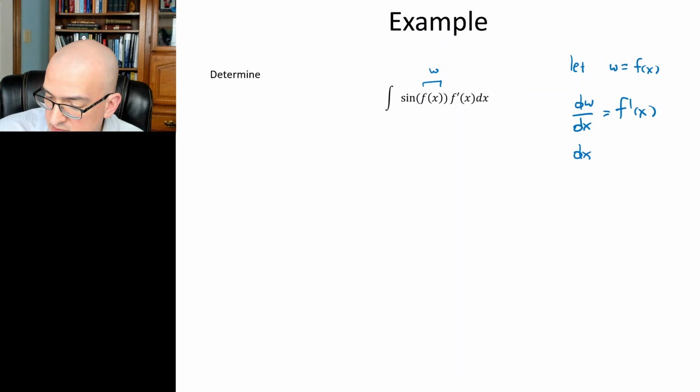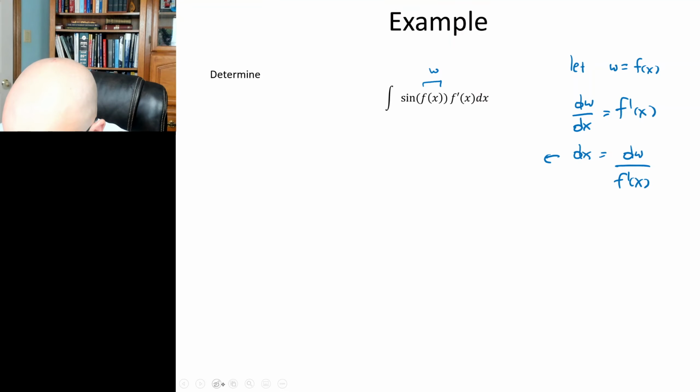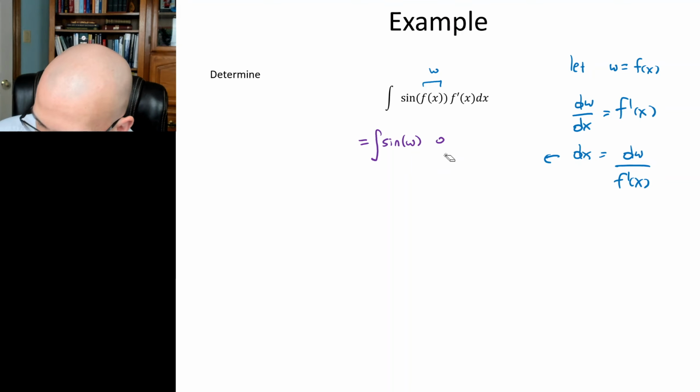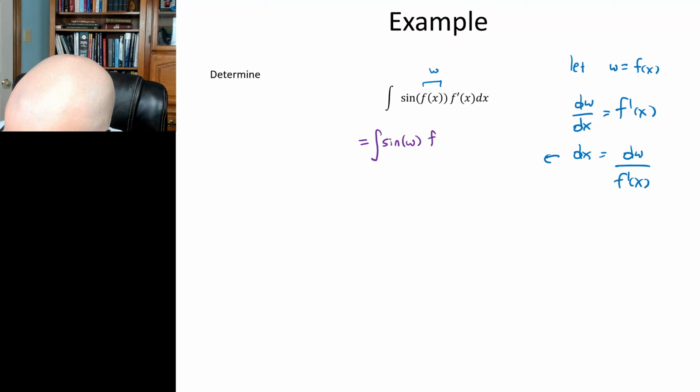So dx is equal to dw divided by f prime of x. Now we'll have that plugged in. So integral sine of w times f prime of x, and then the dx gets replaced by dw over f prime of x.